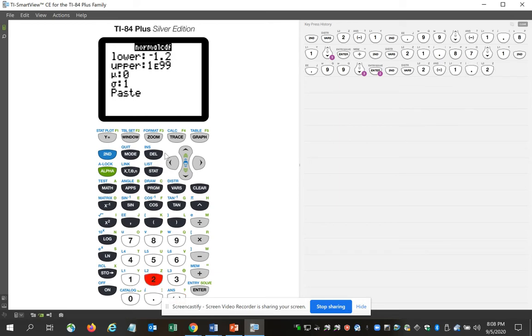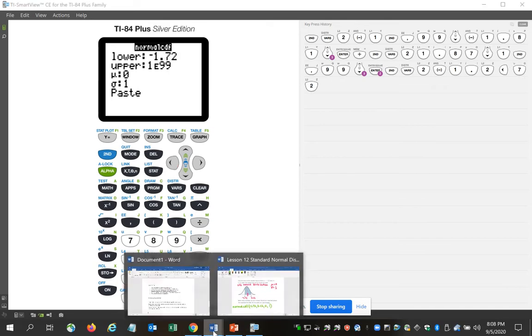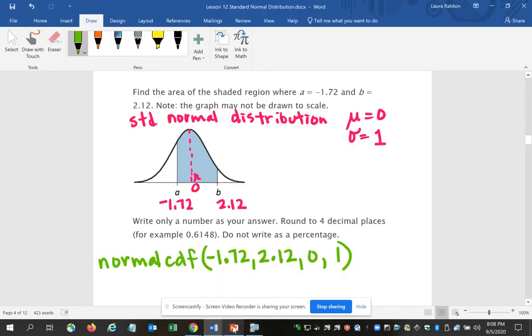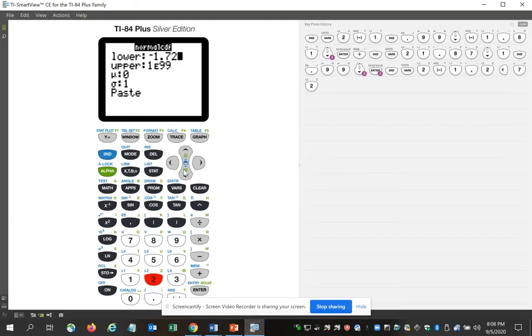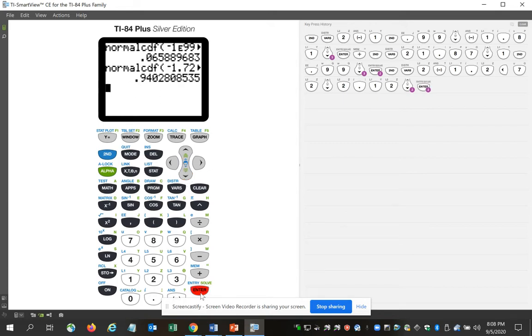1.72. Whoops. Let me double check my number. Yep. My upper is now 2.12 because it gives me a beginning number and an ending number. Mean is 0. Standard deviation is 1. Paste and enter. And I get 0.94028.